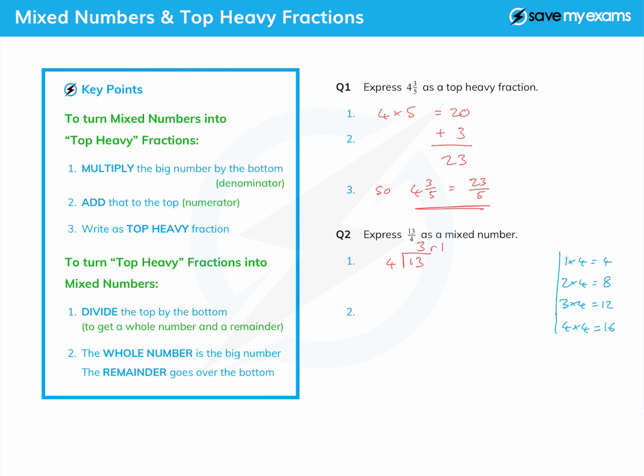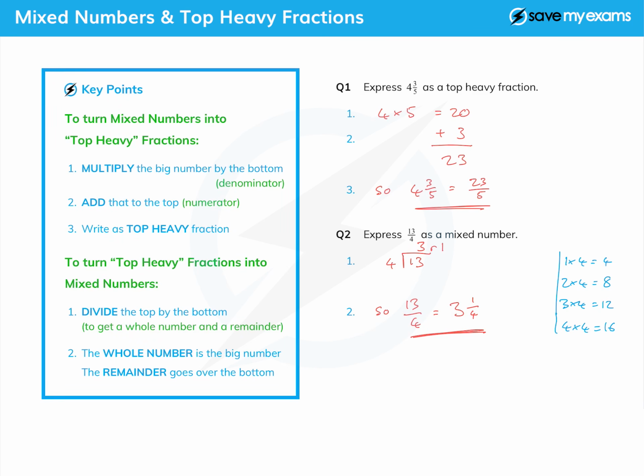So 1 left over, if you like. And as soon as we've done that, we can now say that 13/4 is in fact 3 wholes and 1/4, 1 left over as it were. So 3 1/4.